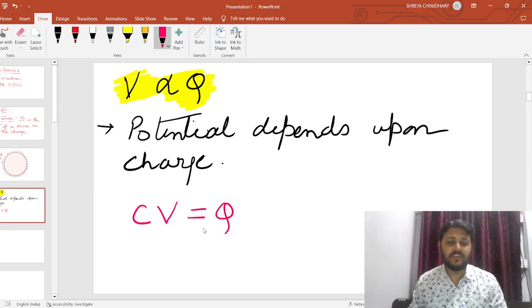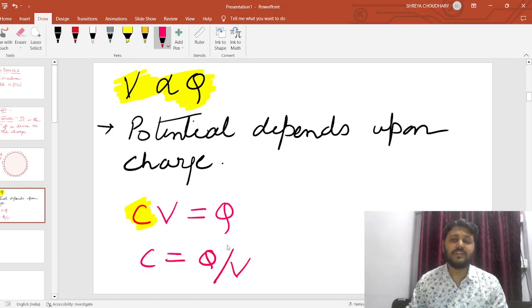So CV equals Q. The constant is C, which has been introduced to remove the proportionality sign. Hence, we can say that C equals Q by V.